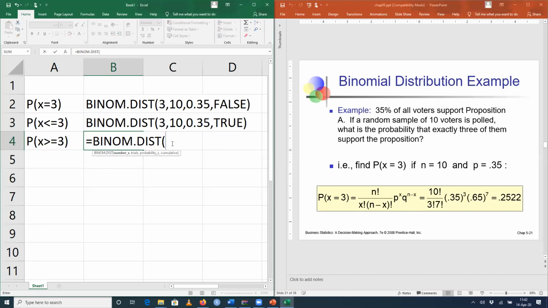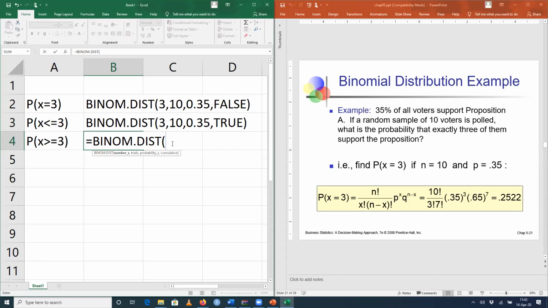Be careful, we are using 3 or 2. Here is a small condition we have to use. If you want to find the probability of 3 or more, then we have to calculate less than 2, and we subtract 1 minus the probability of 2 or less than 2.